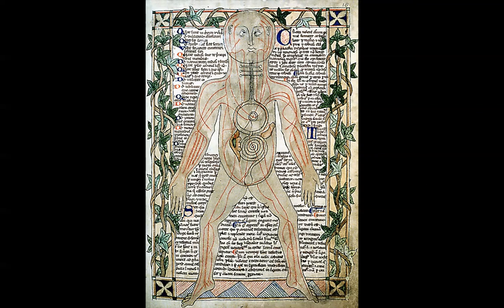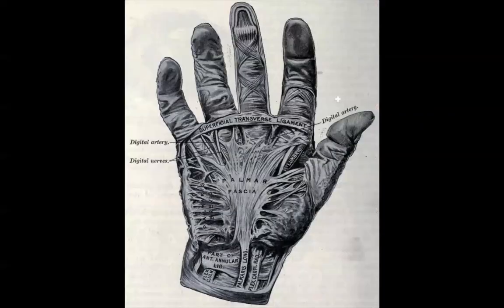And this is visible for a very long time. The medieval representation of a fascial system, which they didn't call fascia. They had a name that was more religious, more like the god's tissue. You can see how even in the hands, it's a system that has a superficial layer, but then goes very, very deep.